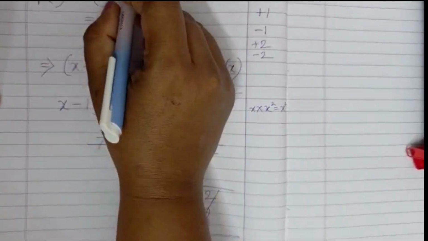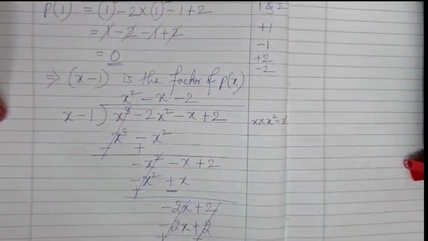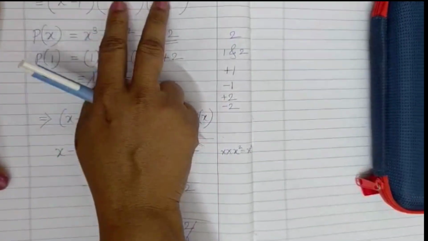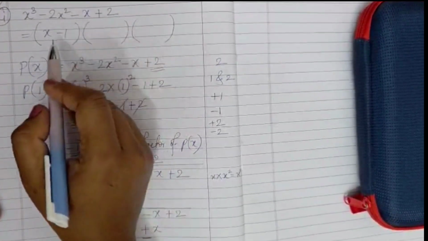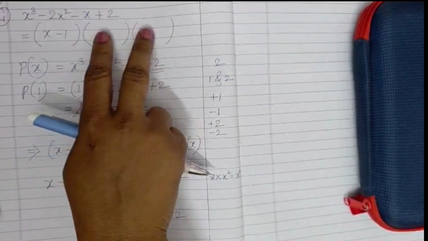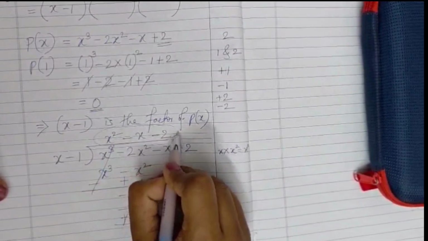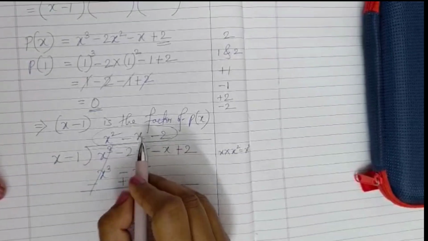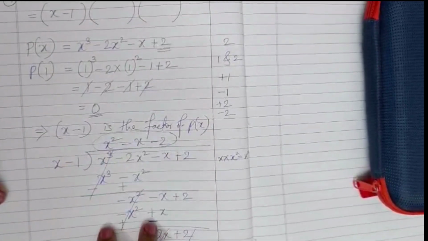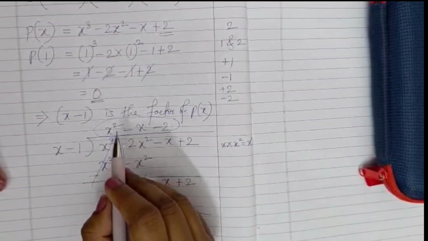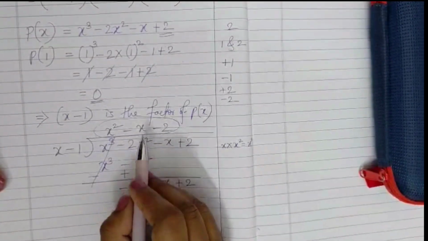So now the rest two linear factors. Okay. So these two linear factors, we already obtained the first one. These two linear factors are hidden in this quotient. So now to find the rest two linear factors, we have to factorize this quadratic polynomial. Okay.